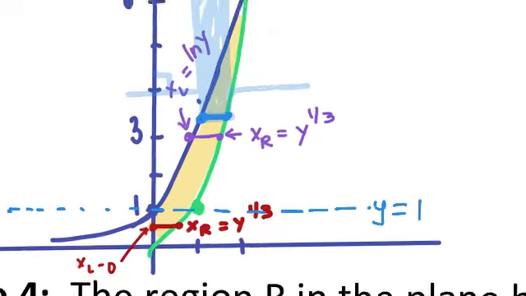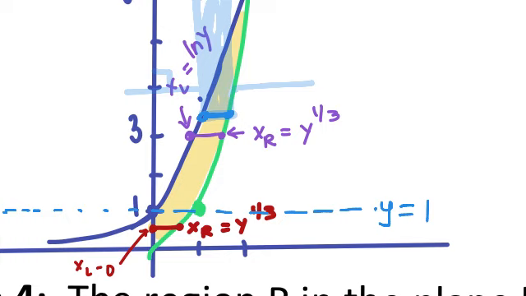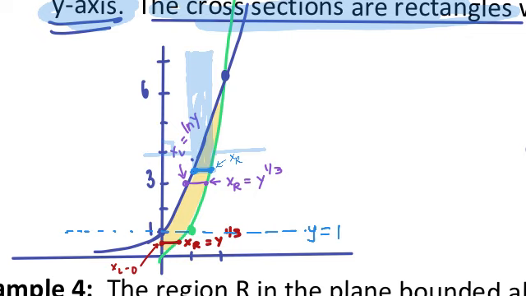If I'm above y is equal to 1, then I can write this length of my rectangle side as x right, which is on this green curve, minus x left, which is on the blue curve, right? So x right on the green curve is the curve y is equal to x cubed. So x on that curve is equal to y to the 1/3. We could just rewrite that as x is equal to y to the 1/3, and that would be the x right that we need.